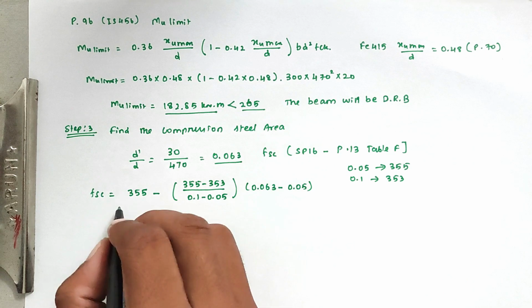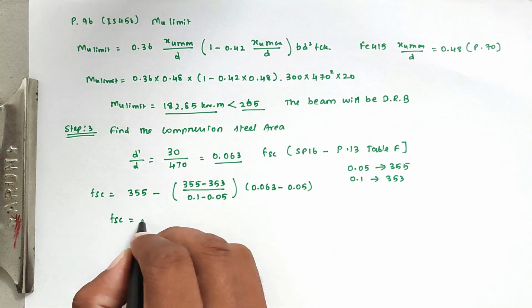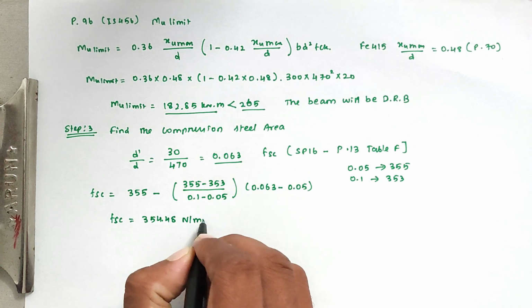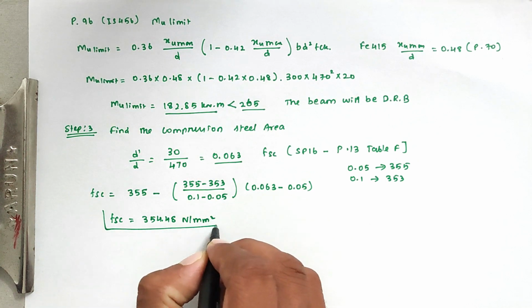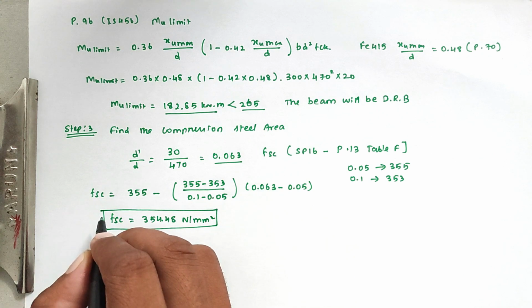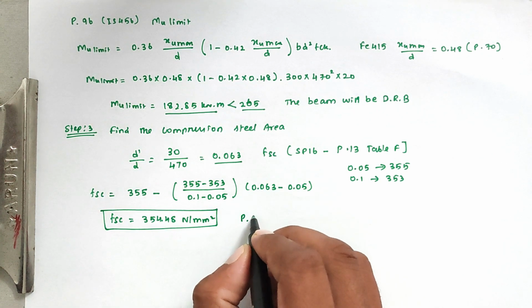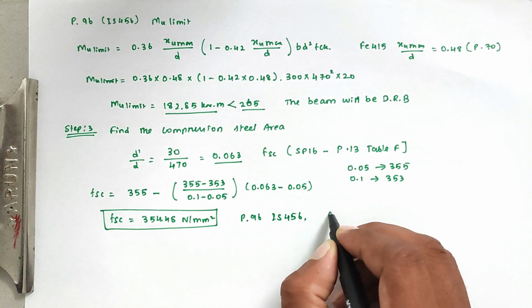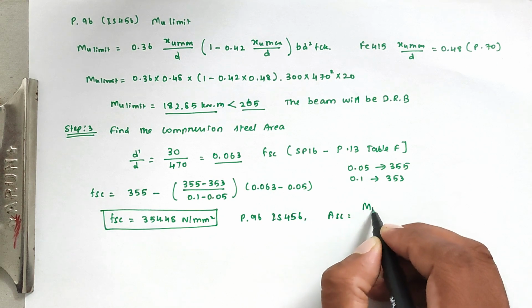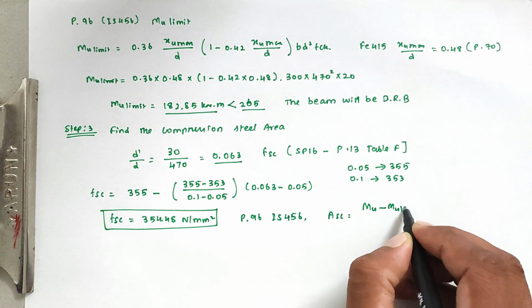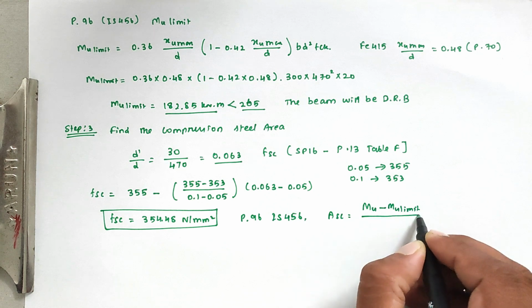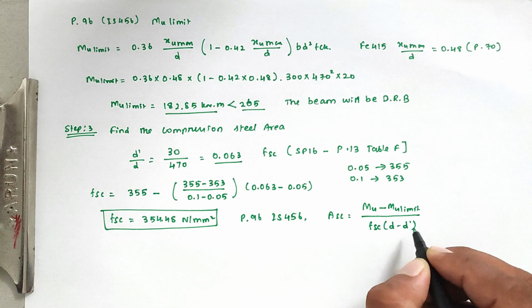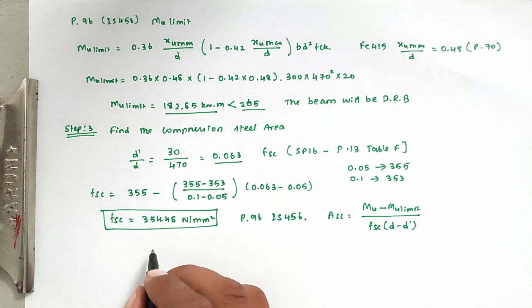Okay, so now the fsc value is 354.48 Newton per mm square. Now we can take page number 96 in IS 456: Asc equal to (Mu minus Mu limit) divided by fsc into (d minus d dash).